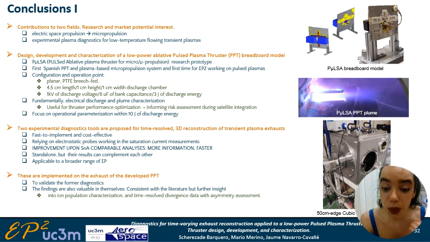We have been able to identify the different ion populations, isolate and individually characterize them, and also assess the time resolved plume divergence data, enabling the study of asymmetries present in the plume.